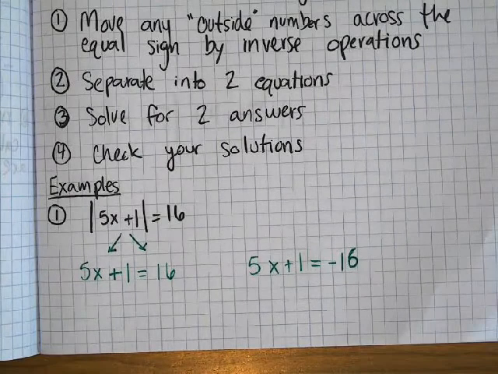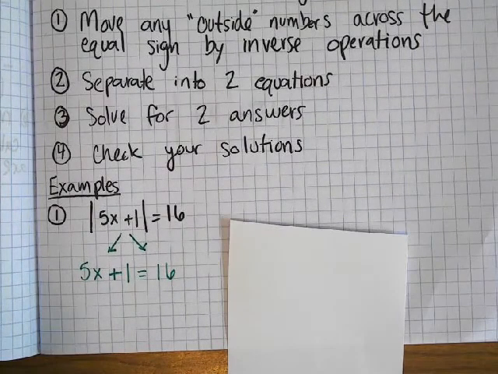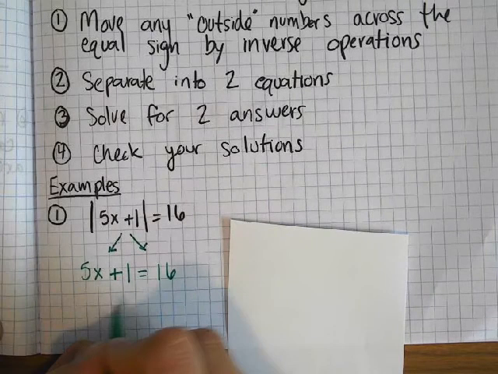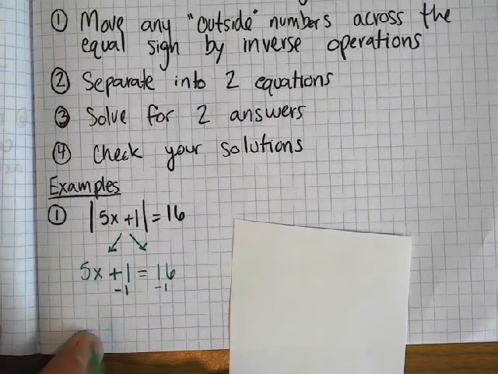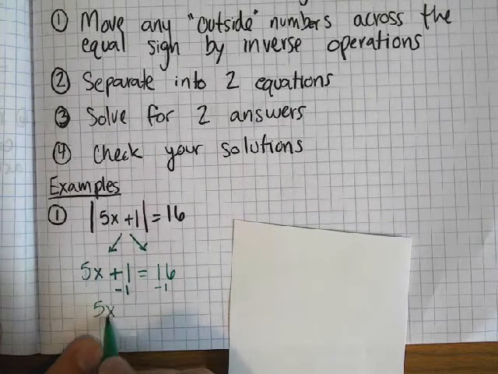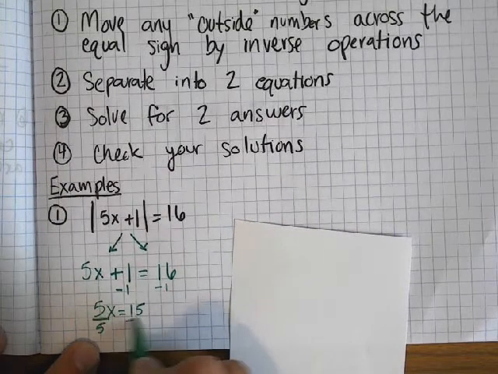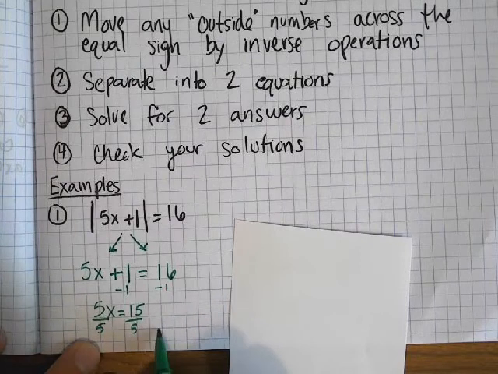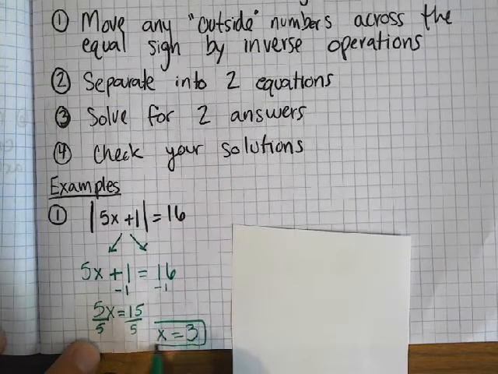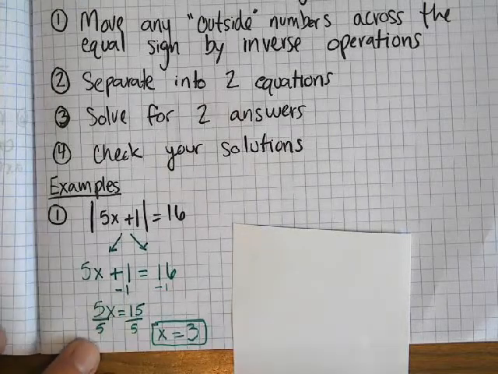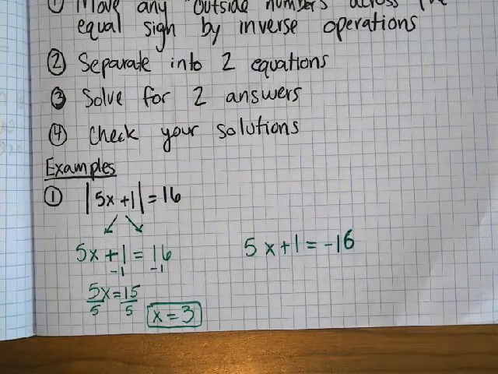I like to just focus on one equation at a time and solve that. So if I ignore this second one, I just solve this like normal. I subtract 1 from each side. 5x equals 15, and after I divide by 5, I get that x equals 3. There I can clearly see x equals 3.